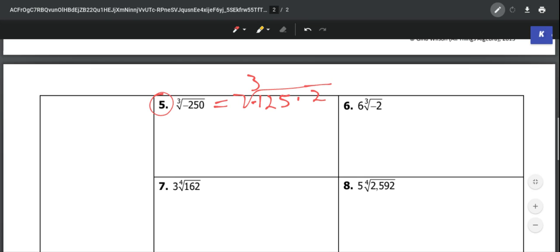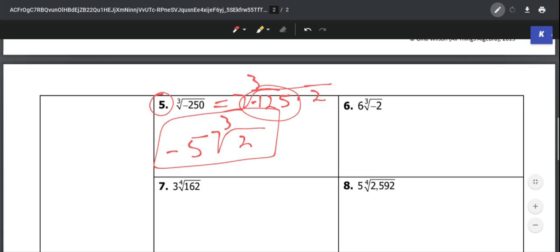So all we did there was break down what's inside of our radical in terms of a perfect cube that is a factor of negative 250, which would be negative 125 times 2, and that will allow us to take out this negative 125, which is going to be negative 5. The cube root of negative 125 is negative 5, and then whatever's left will be left inside of the radical. So that's just another example of doing that.